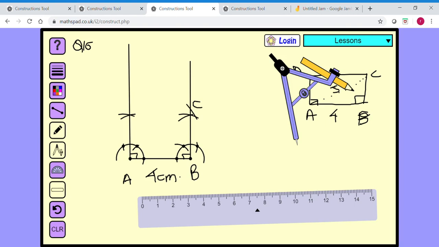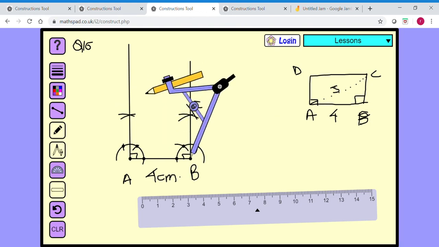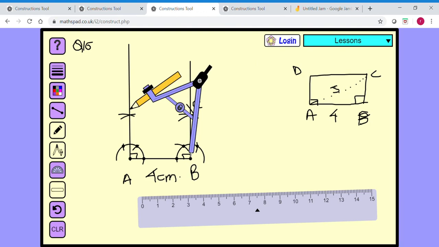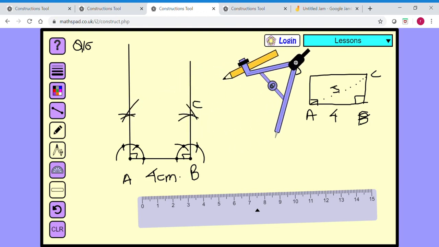Next, from C I can measure 4 and cut D, or from B I can measure 5 and cut D somewhere here. So I've got my point D and I take a scale and join them together. So I join C and D. Perfect. So this is the rectangle that they wanted.